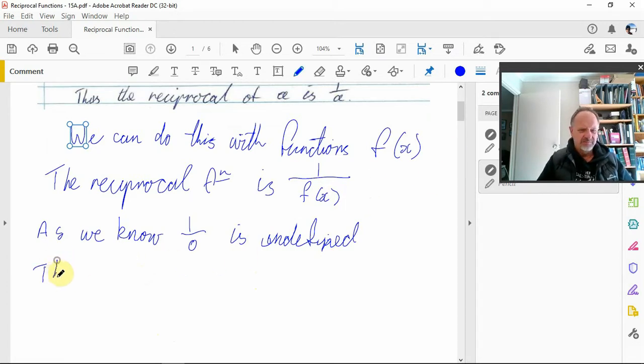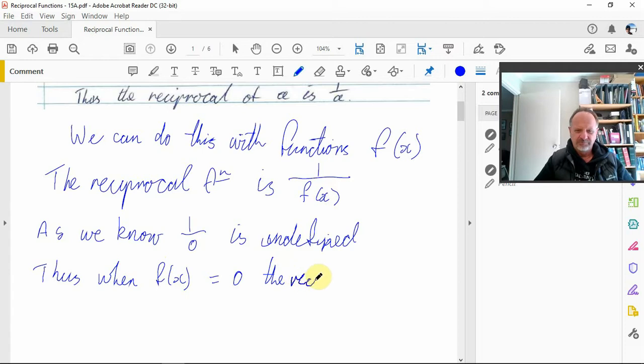Thus, when f(x) equals 0, the reciprocal 1 on f(x) is undefined.